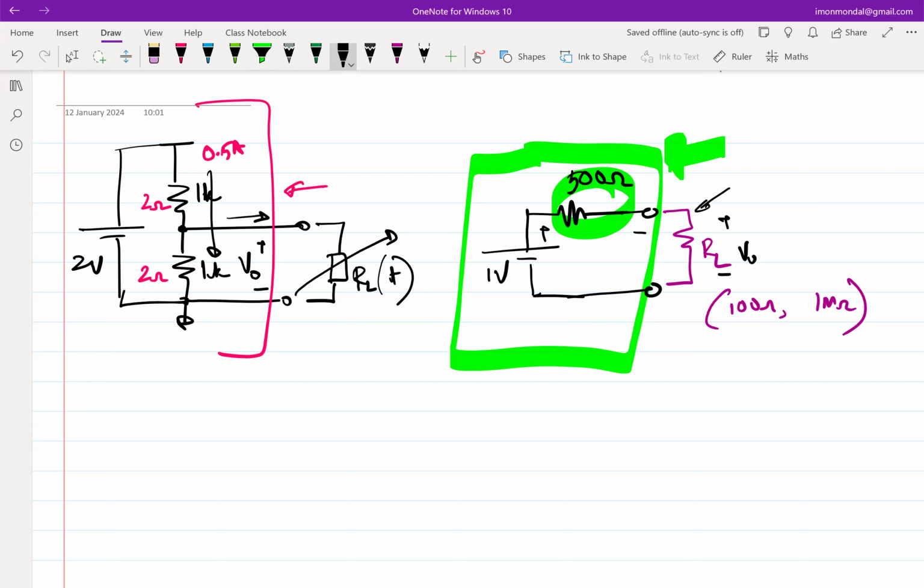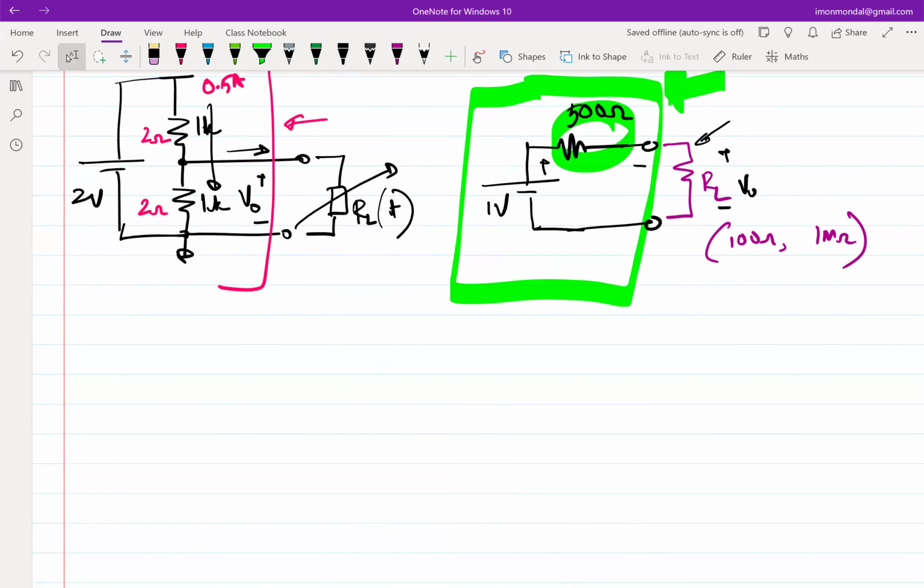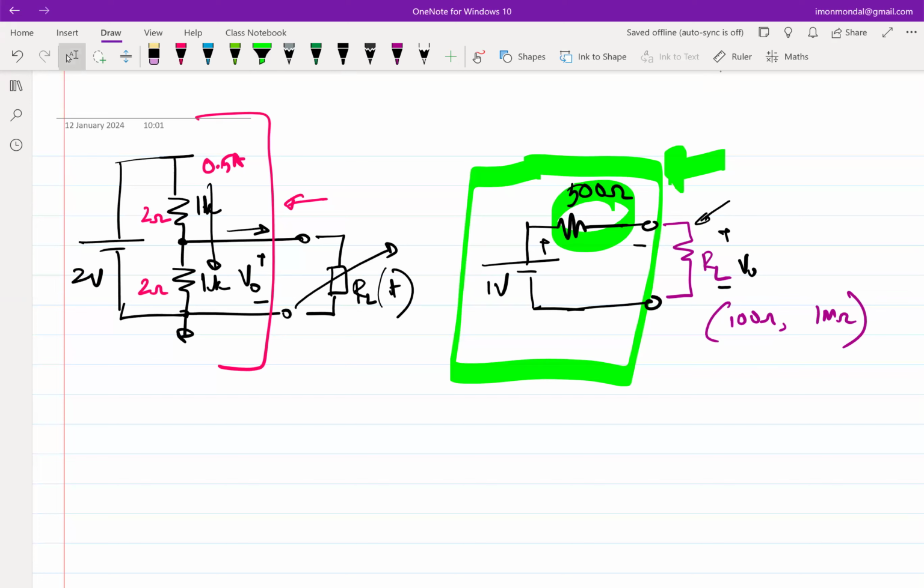A student asks: if these two circuits are supposed to be equivalent, then if I disconnect RL from the right-hand side, there is no current through the 1 volt source loop.